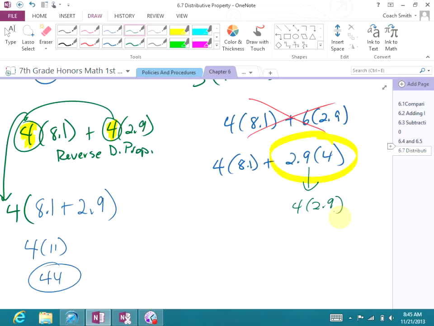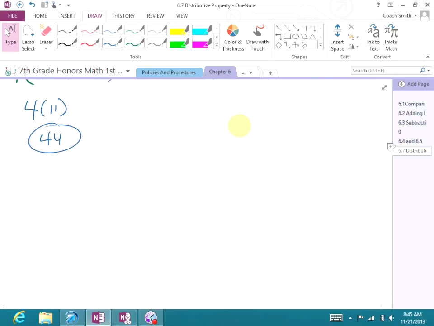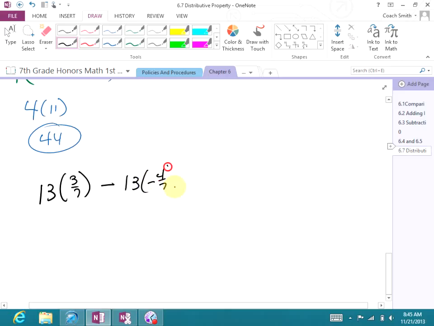Okay, now, let's see here. This one's a little harder just because we deal with the negative sign. 13 times 3 over 7 minus 13 times negative 4 over 7.